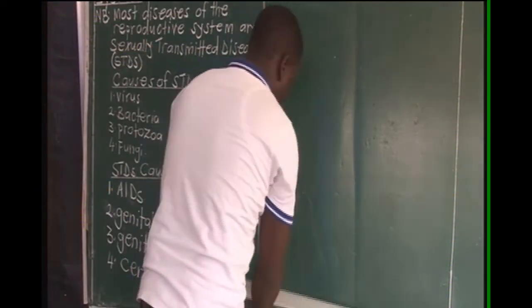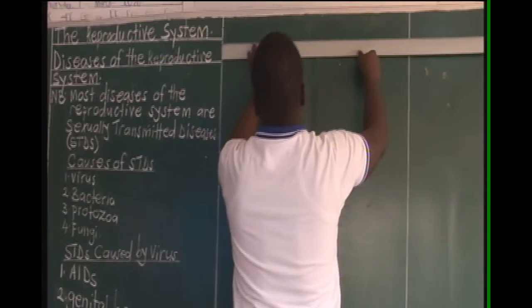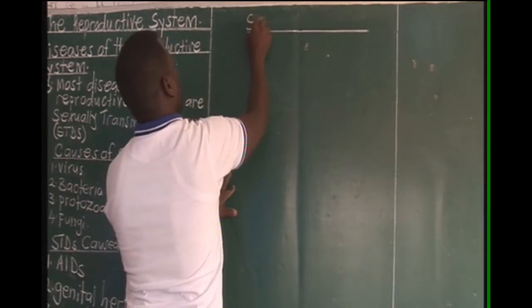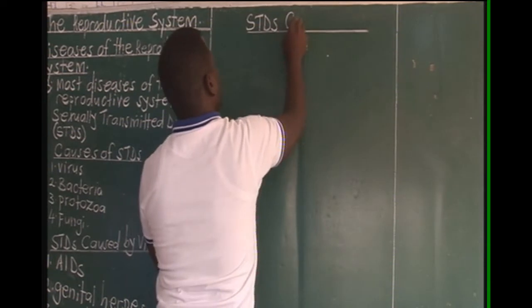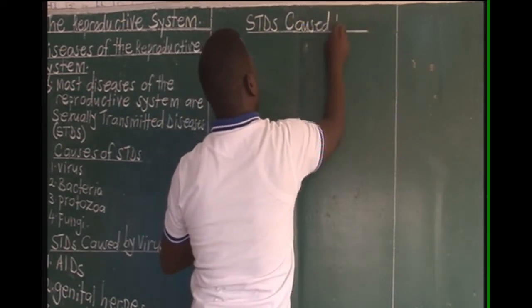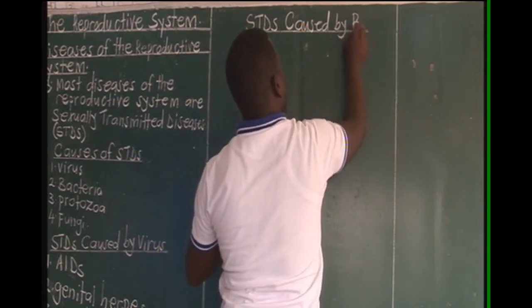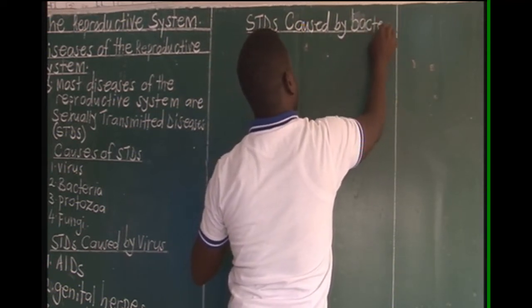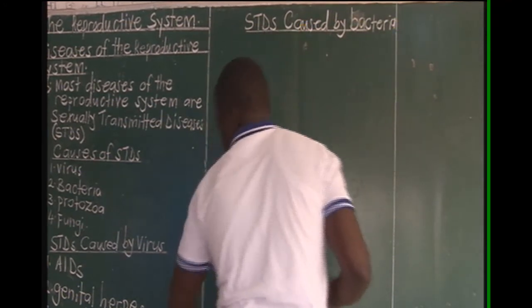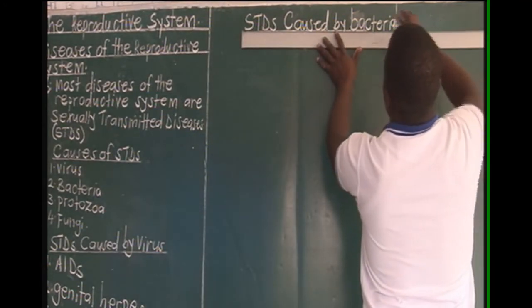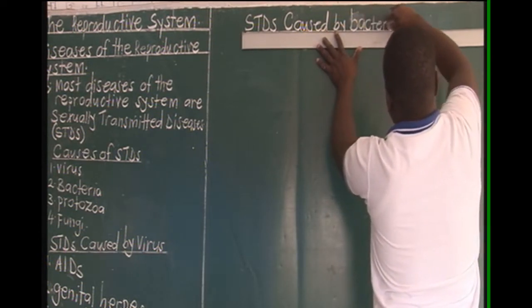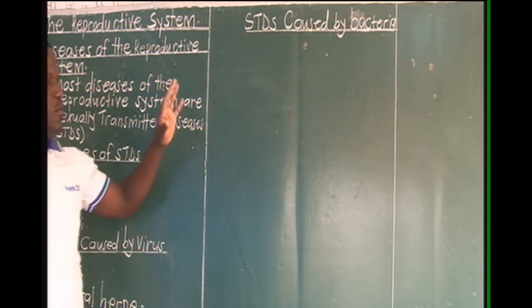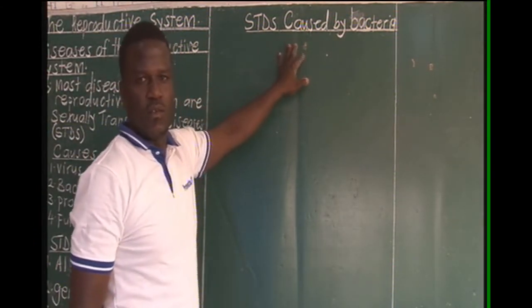Then we have STDs caused by bacteria. We have around 3 or 4 sexually transmitted diseases caused by bacteria.